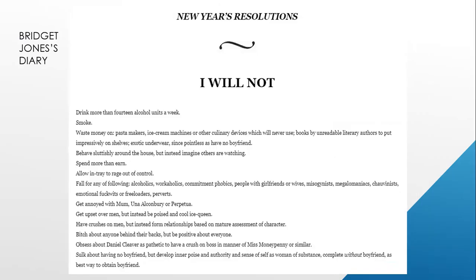Okay, so the first page is I will not, and the next list is I will. So she's promising herself all these New Year's resolutions. And she starts out with very ordinary things: drink, smoke, waste money. But then she gets into uniquely personal and weirder stuff, but it also stays immensely relatable.